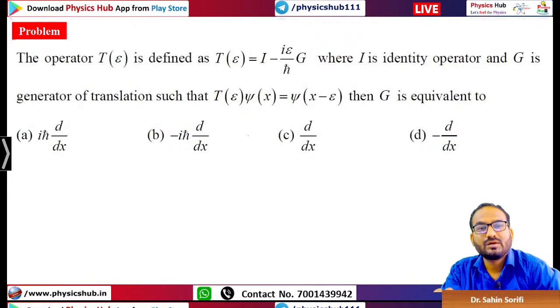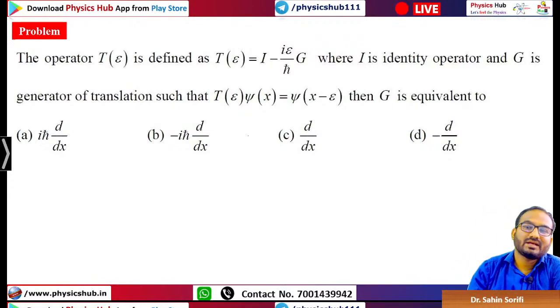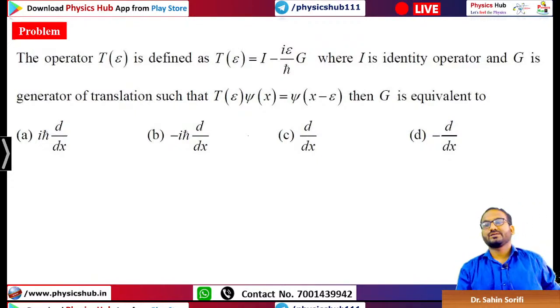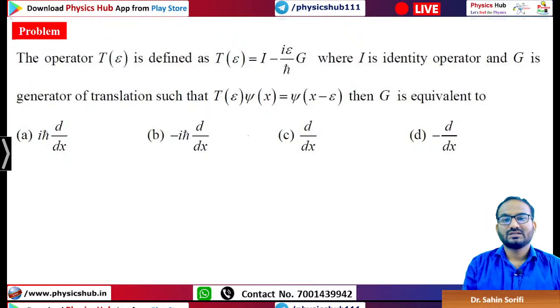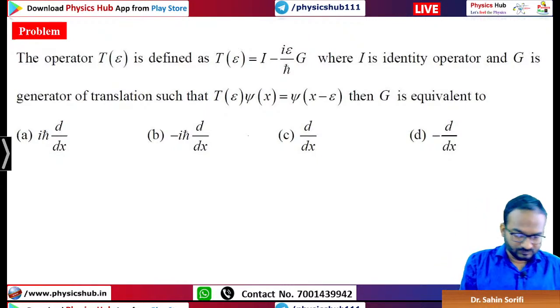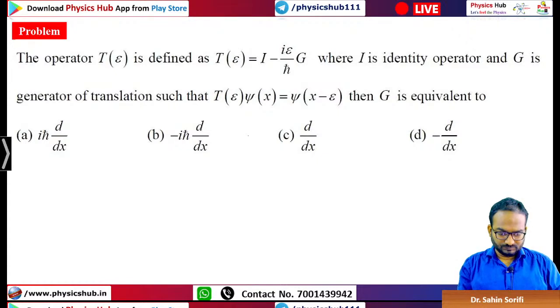Look at this problem. The operator T of epsilon is defined as this, where I is the identity operator, G is the generator of translation, such that T epsilon of psi x is equal to psi of x minus epsilon. Then what is this G equivalent to? Now it is clear.